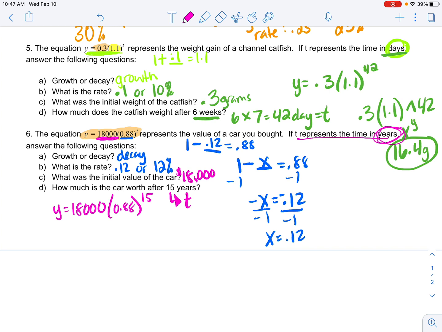We have 18,000 times 0.88 raised to the 15 power, and you should get 2,645. Remember, this is money, so .53. And that's how much it would be worth after 15 years. So this is exponential growth and decay.